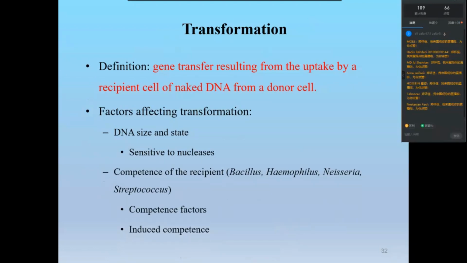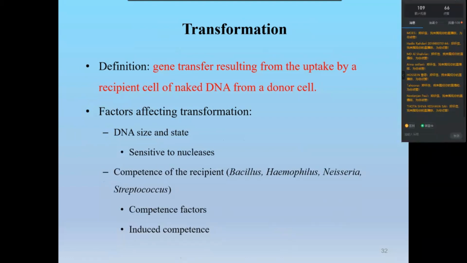Another point is the competence of the recipient. Competence means the ability of the recipient cell to take up the DNA. And different bacteria are different, because some bacteria are ready to take up the DNA, while other species don't like extracellular DNA to get into their cell. So there are different abilities of the recipient cell.